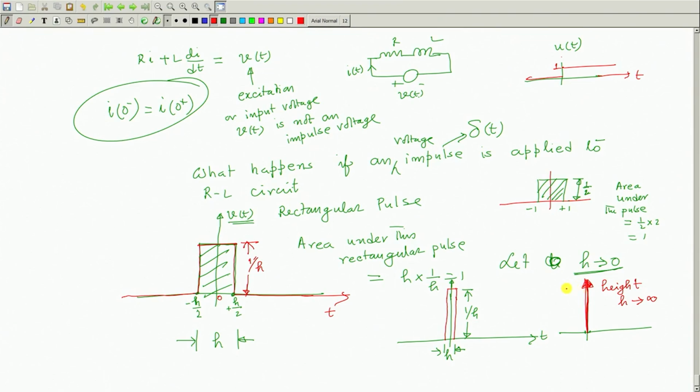Now, such a function is called an impulse function. As against time, nothing is there for t less than 0, nothing is there for t greater than 0, but at t equal to 0, that is between 0 minus and 0 plus, there appears a value of the function which is infinitely large.